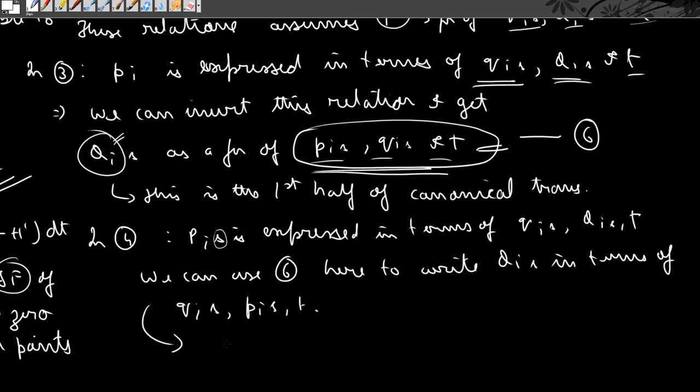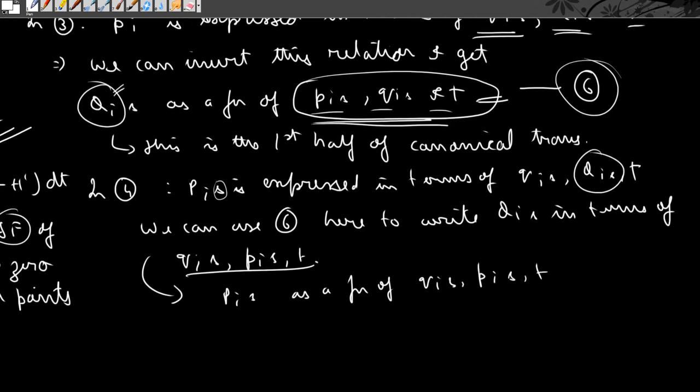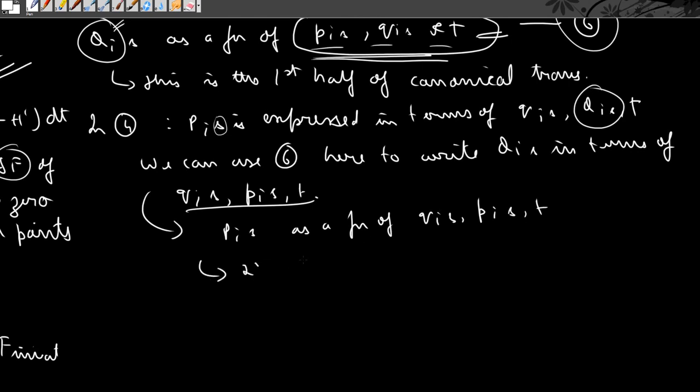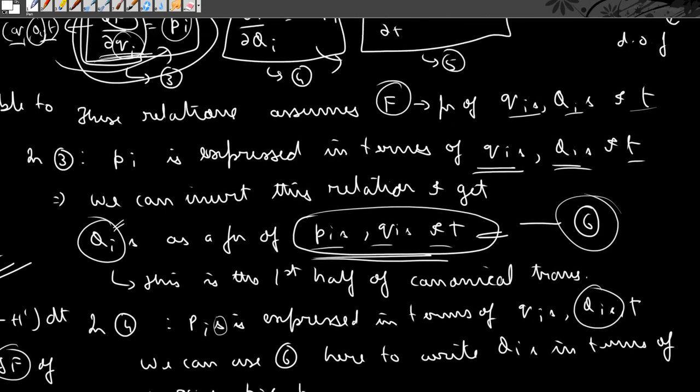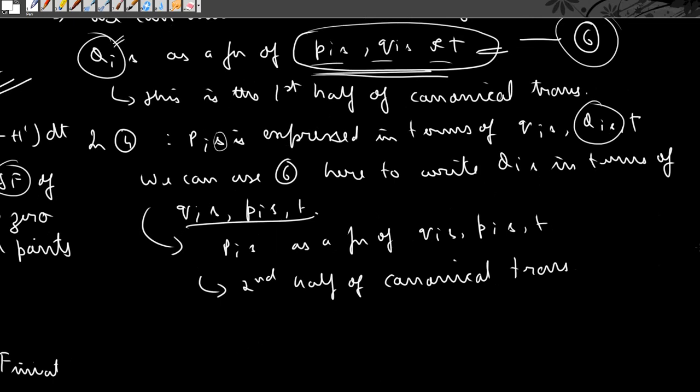So when we substitute for qi's in terms of these using relation 6, we will get pi's as a function of the old coordinates, old momenta and time, which is nothing but the second part of our canonical transformation. So this forms the second half of the canonical transformation, correct?